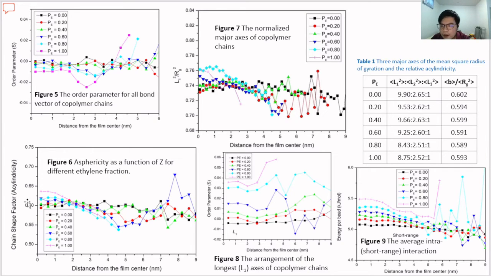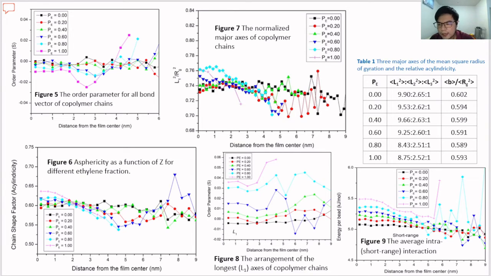In figure 6, the chains become more compact for larger ethylene content. The chain shape factor, asphericity, decreased in the direction toward the film surface, the result of chain flattening.